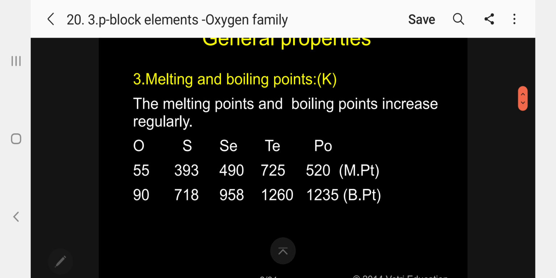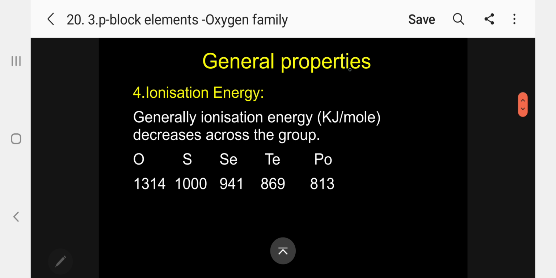Melting and boiling points. The melting point and boiling point increase regularly. Kindly follow. The melting points are 55, 323, 490, 725, 520, increasing. In the same way, boiling point also increases. So melting and boiling points generally increase regularly. Then coming to ionization energy, another periodic property, this is the reverse of size.